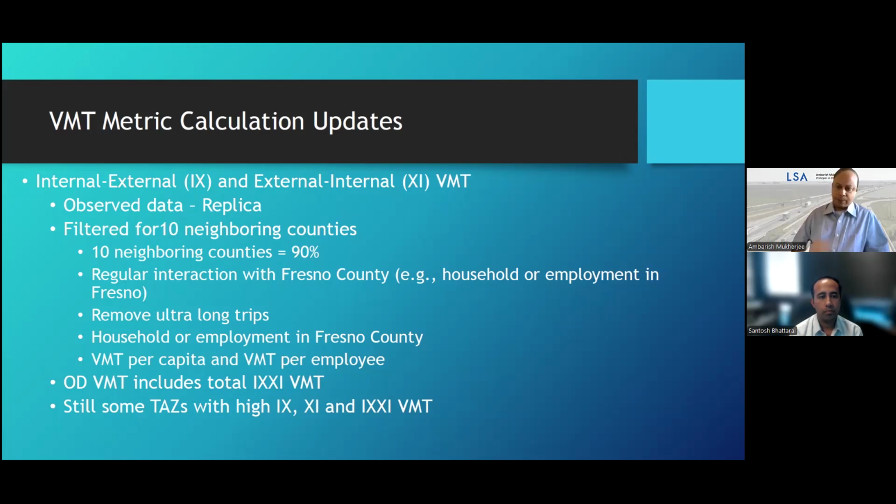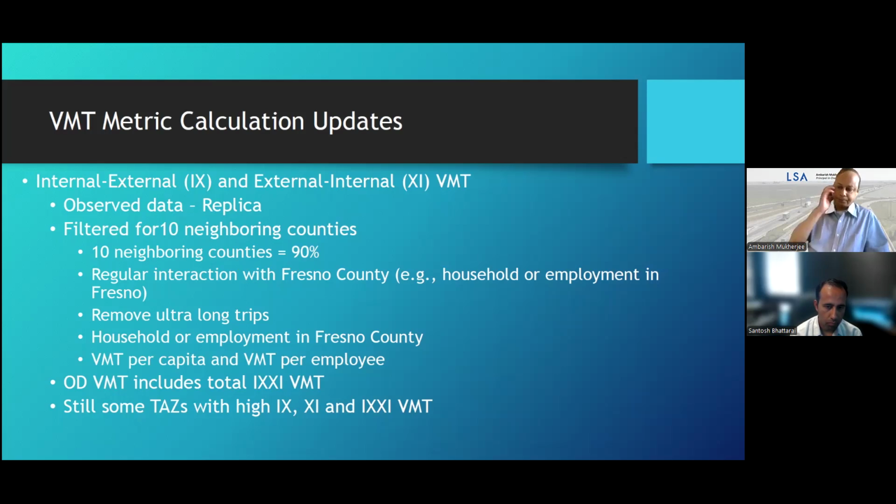So if you think about it, there is a little bit of a disconnect when we talk about IXXI and then IXXI. It's not a simple addition of IX plus XI is XX, which is used in OD VMT per service population.